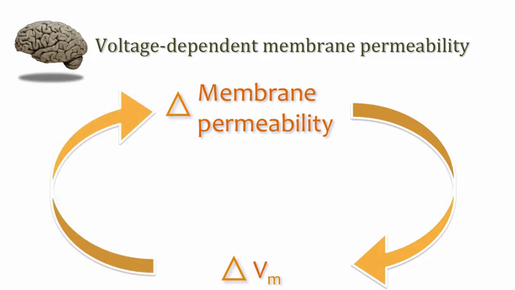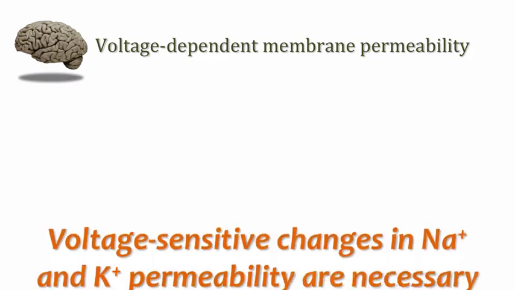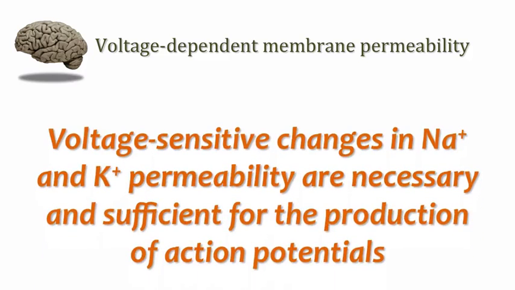This is the ionic basis for the action potential, which we'll have more to speak about in the next couple of tutorials. For now, I think I can summarize the main message that I've tried to convey to you in the following statement, that voltage-sensitive changes in sodium and potassium permeability are necessary and sufficient for the production of action potentials.